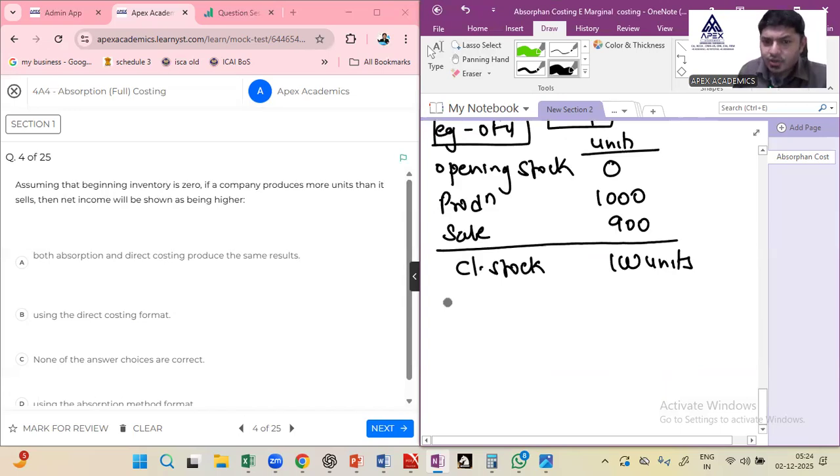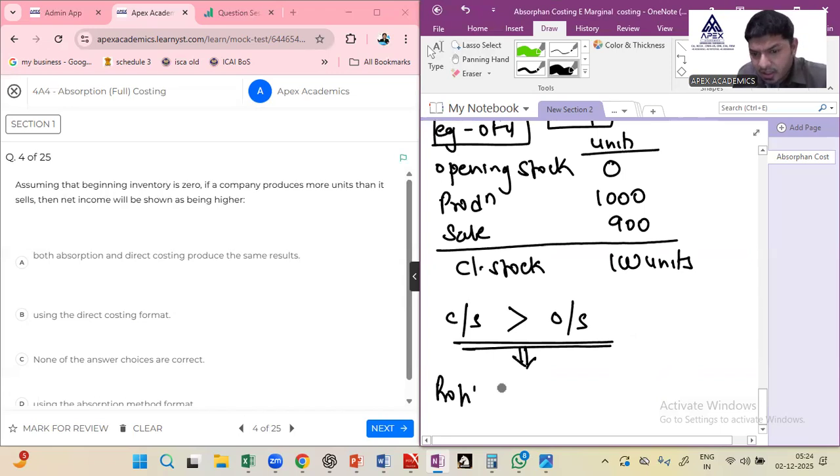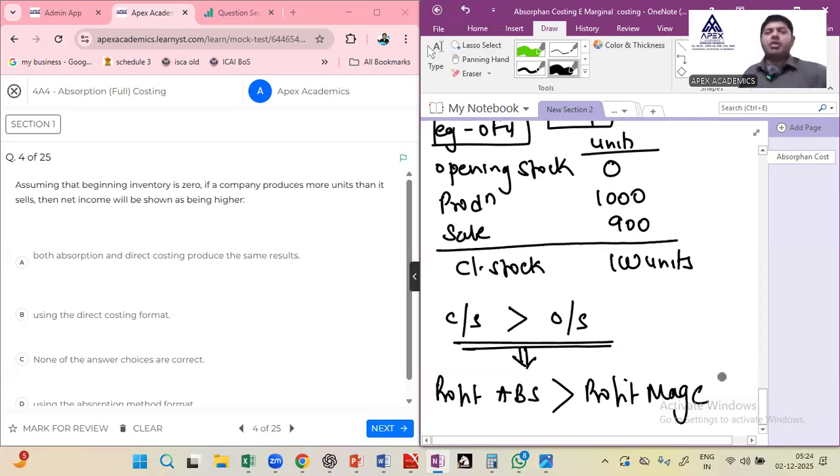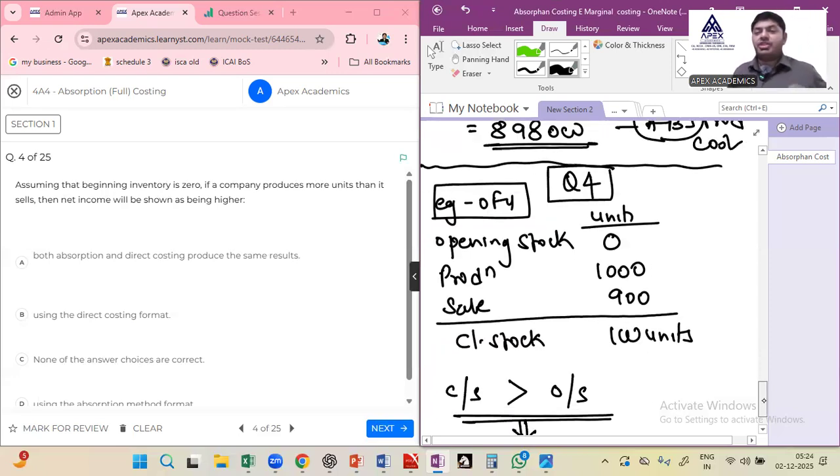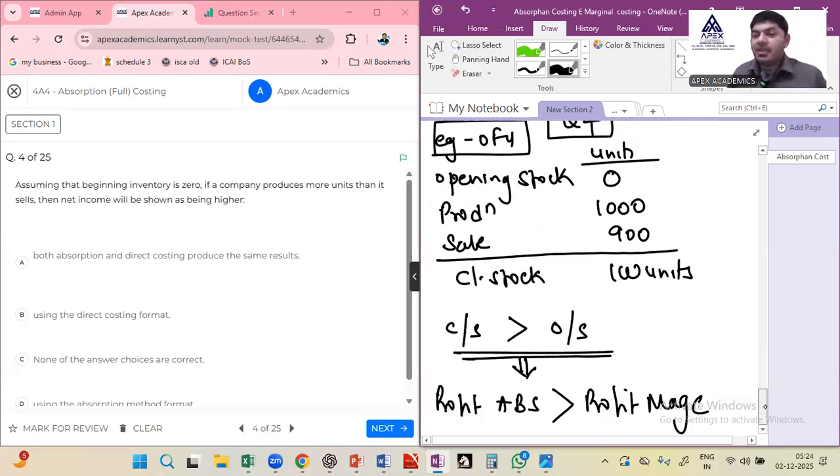In this scenario, my closing stock is greater than my opening stock. In this condition, my profit under absorption costing will be higher than my profit under marginal costing. This is the concept that has to stay wired in your minds.